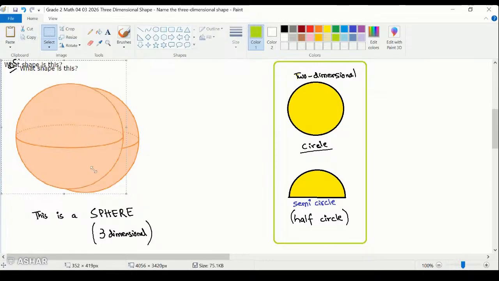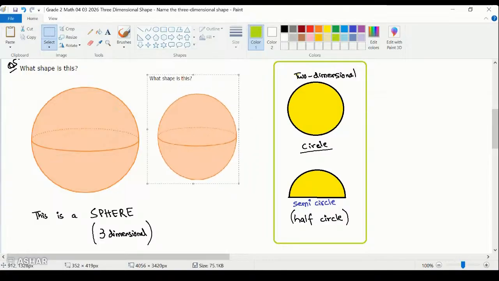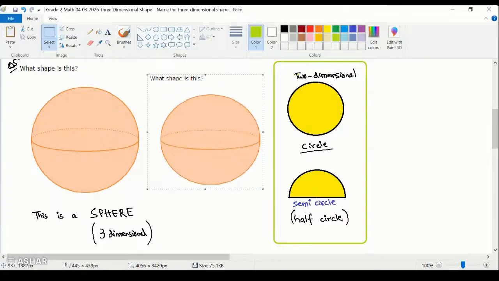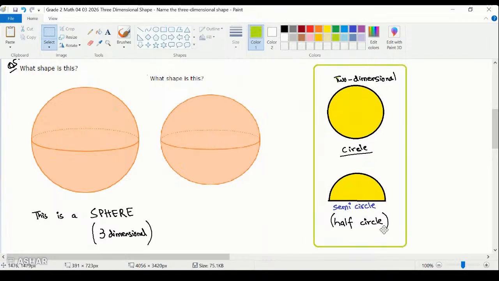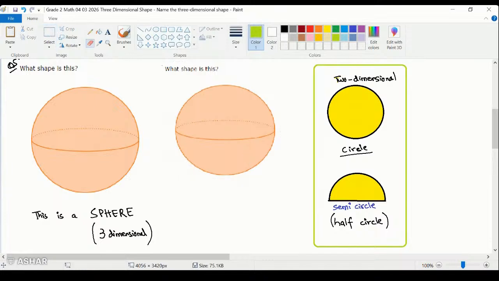Let's suppose this shape is given to us. I'll change something about this question. I will remove half the shape. Let's suppose we had a watermelon and we ate half a melon.